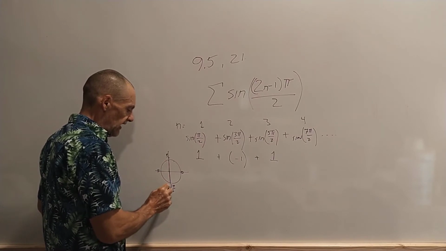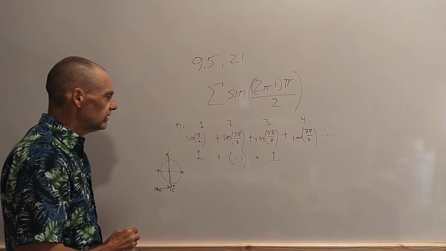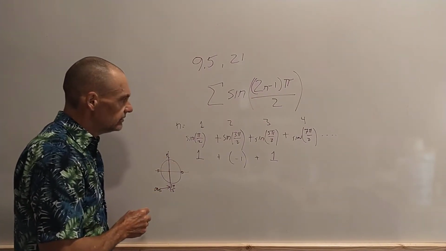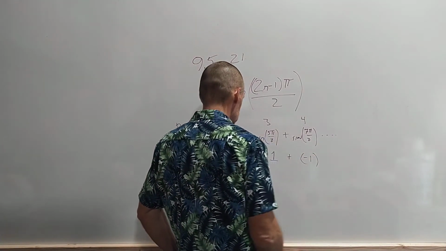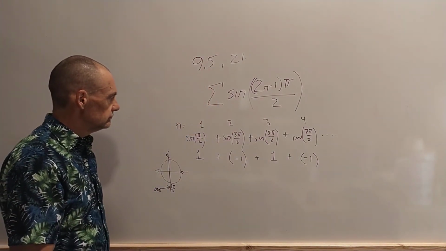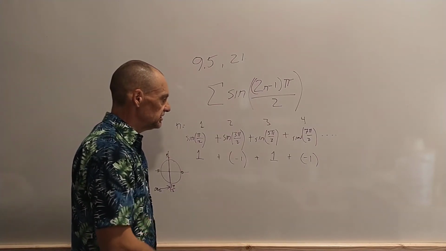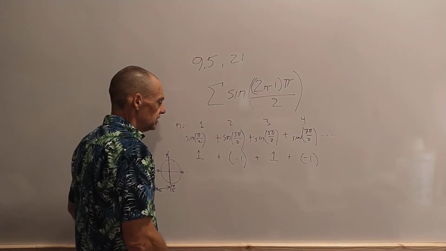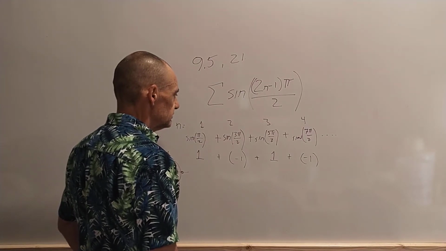It looks like every other odd multiple of pi over 2 is going to be down here, so it's negative. So it looks like this thing is just a bunch of ones and negative ones.